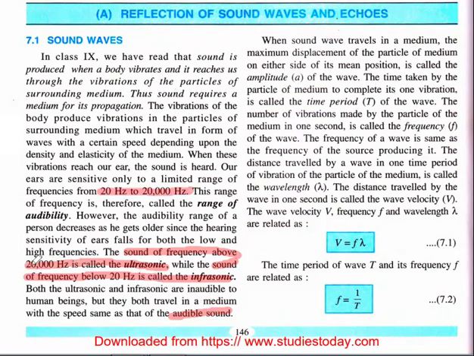Though ultrasonic and infrasonic differ from the audible range of human ears, still they both travel in a medium with the same speed as the audible sound. The speed does not change. It travels with the same speed, but the thing is we cannot hear it because our range is different.